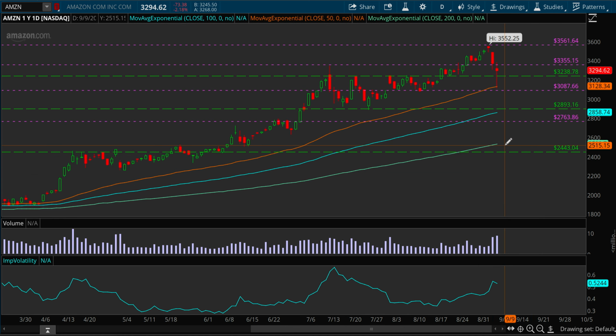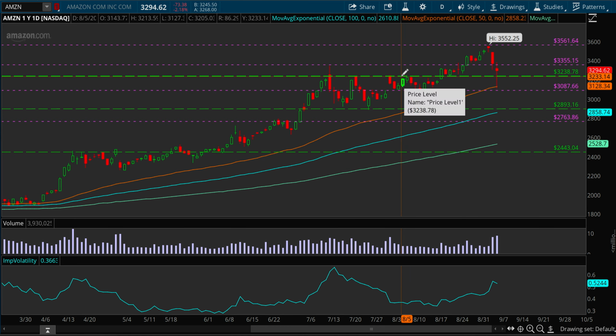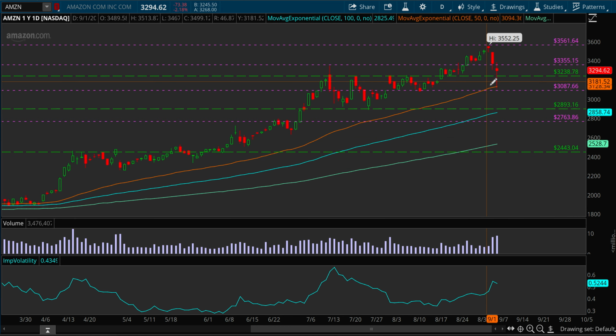I'll also talk to you real brief about this moving average study. I like to use the 50, 100, and 200. And you can see here just how much it respects the 50. So we literally bounced off this last week. So you can see how much it respects it.